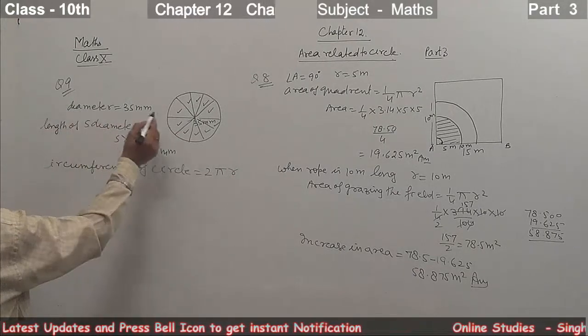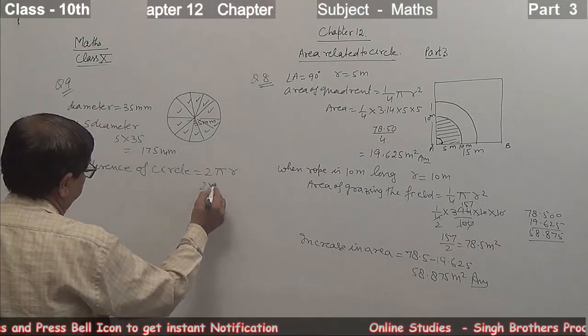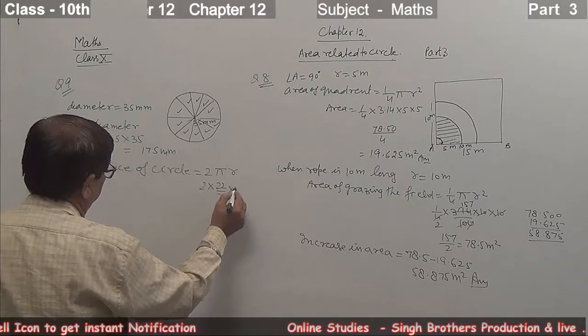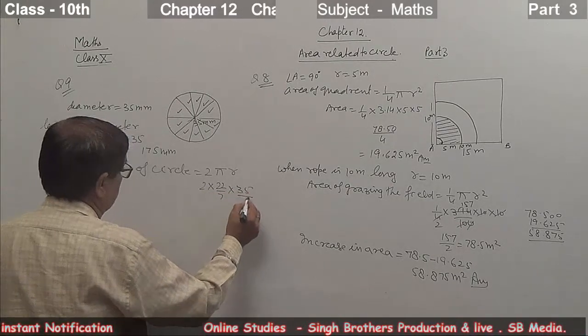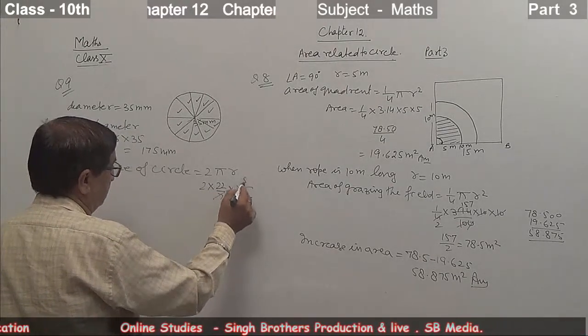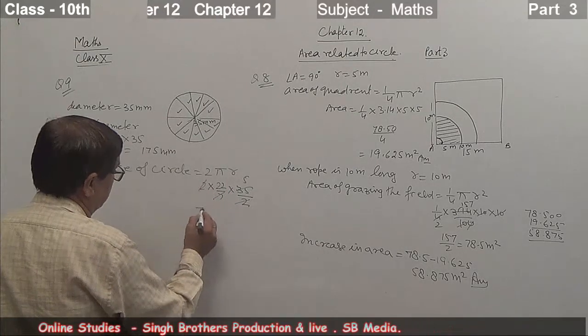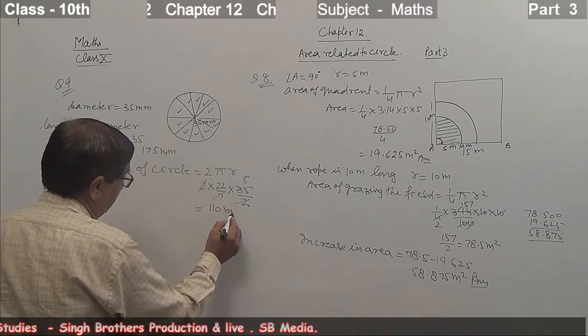The radius is 35 upon 2, 7 5s, 2 and 2 cancel, so 110 millimeter.